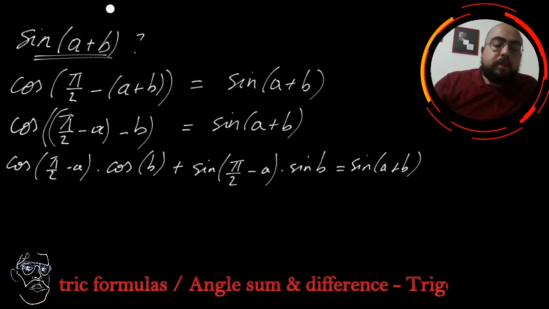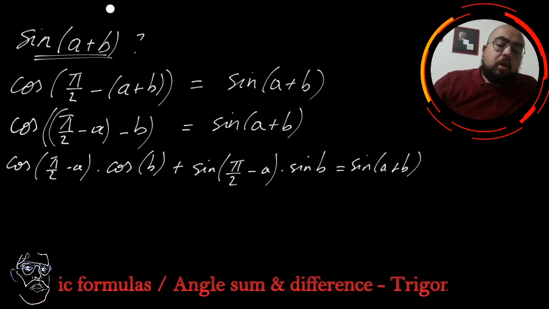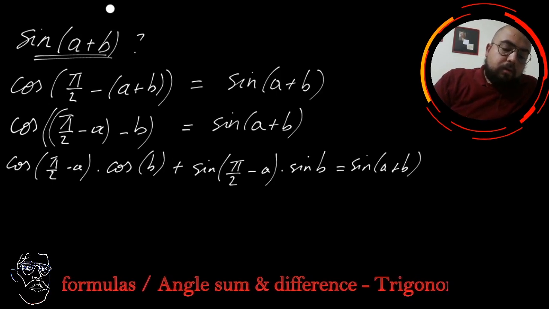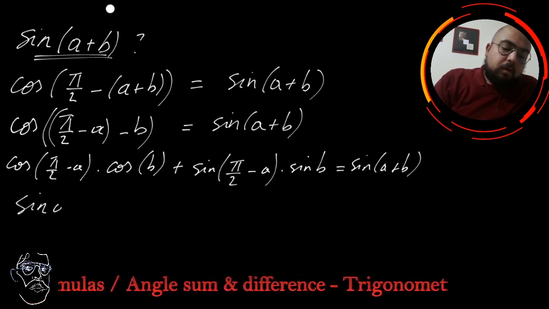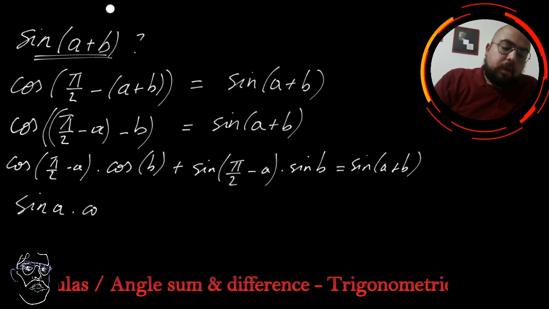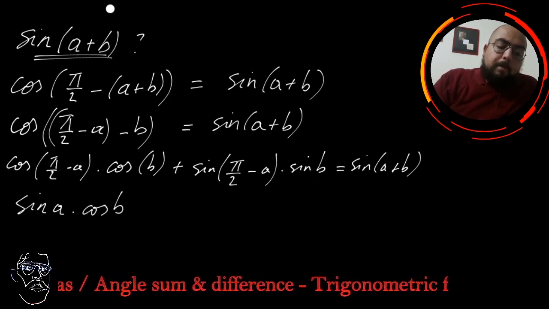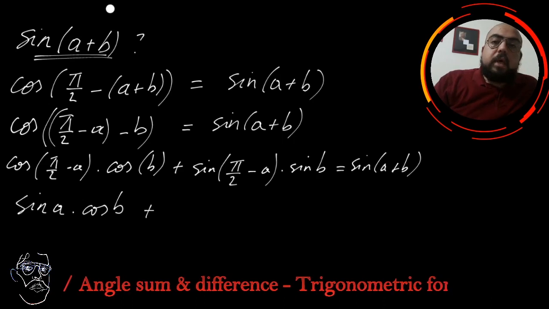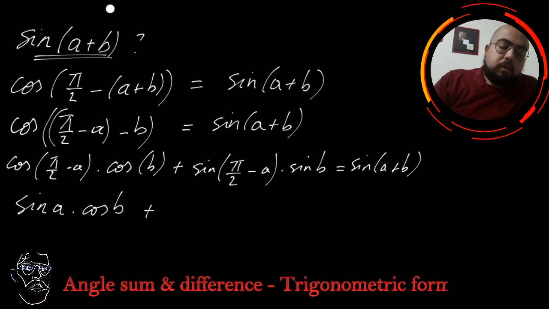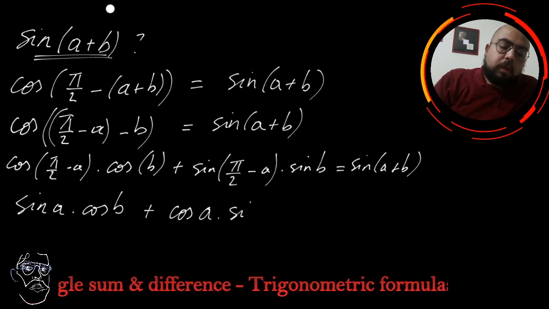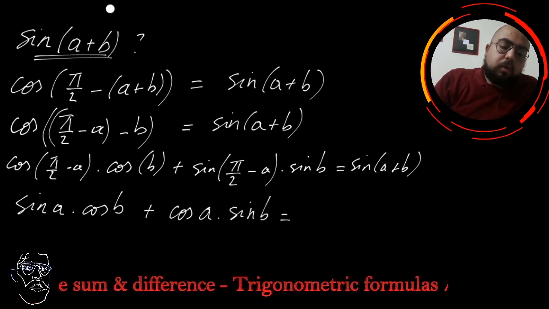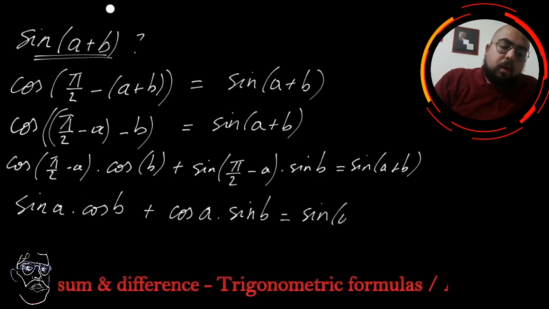Cosine pi over 2 minus a is simply sine a. So I will have sine a times cosine b plus sine pi over 2 minus a, it's cosine a times sine b, which is equal to sine of a plus b.